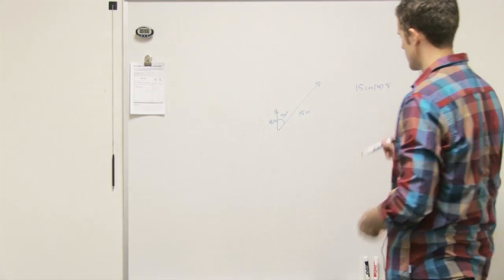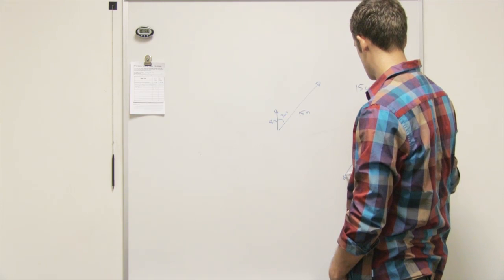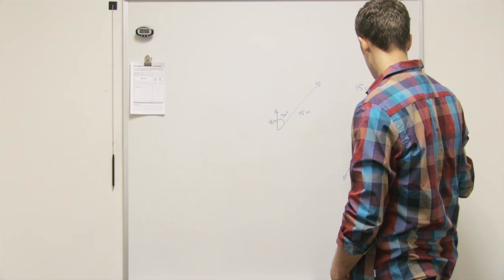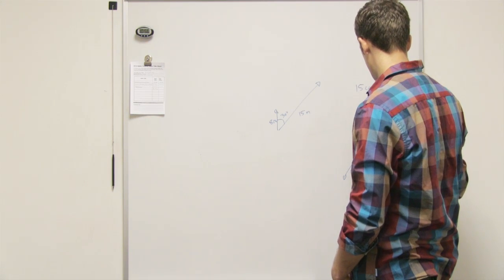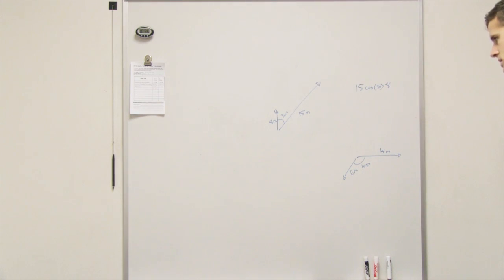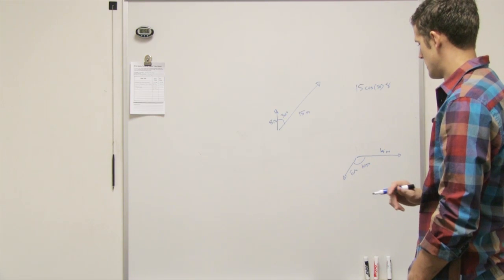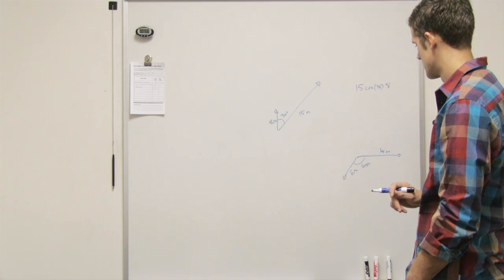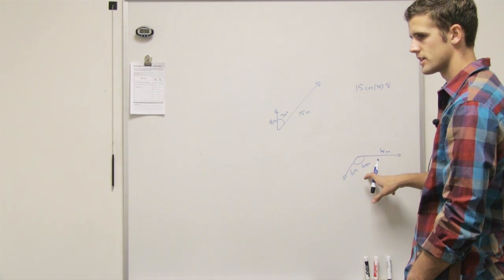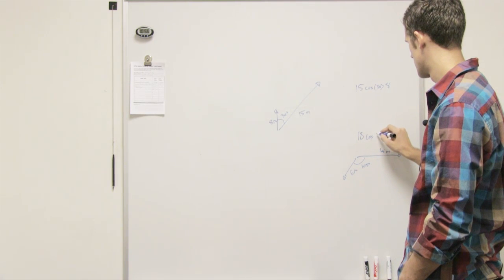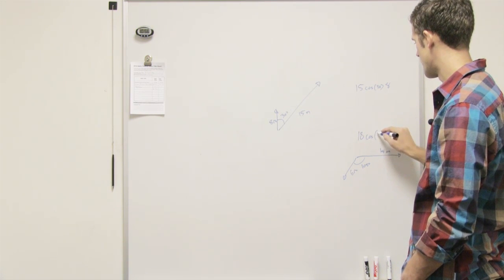So then what if you had something like this? This is a 6 Newton force. This was 18 meters. Say this angle is 105 degrees. So you do 18 times cosine 105 times 6. The negative will come because of the cosine.